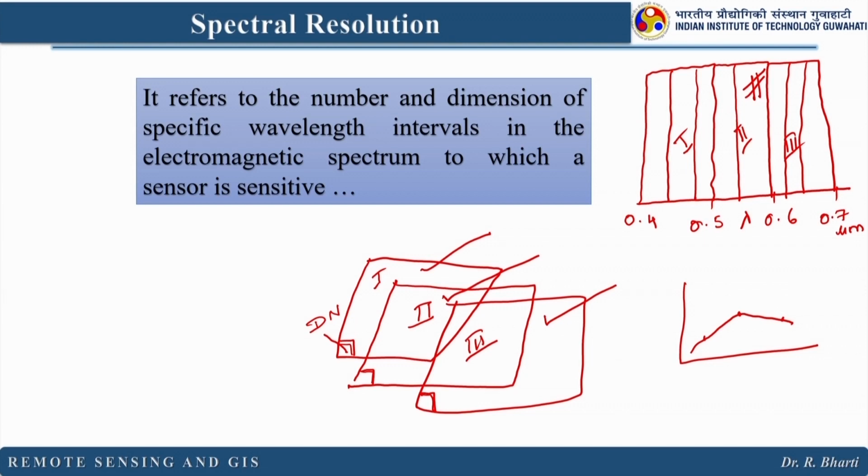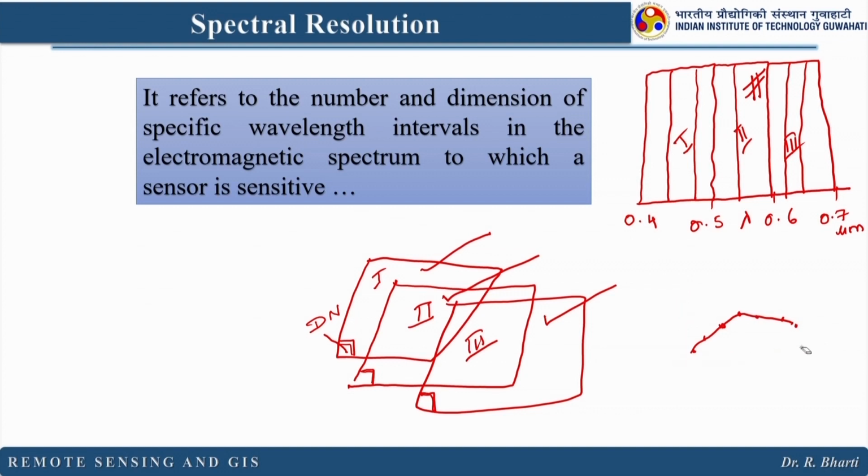Likewise, if you have several images here, what will happen? Your measurements or the values will increase, right. So now you will understand what I am trying to show here.